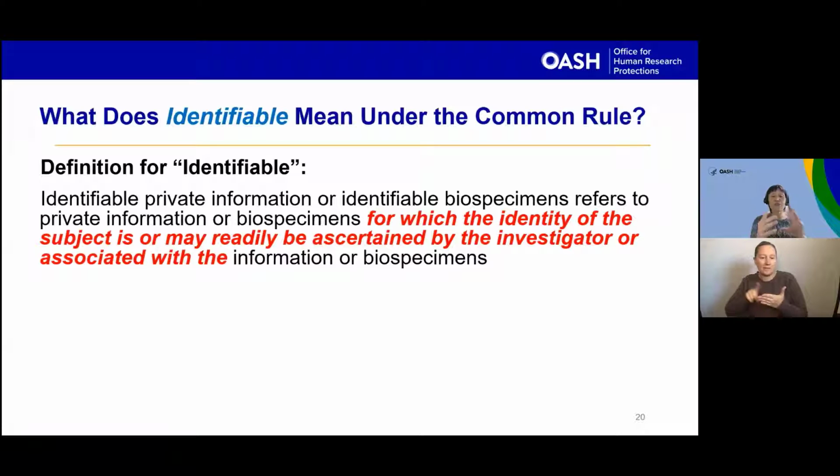To put this in layperson's terms, it simply means: can the investigators on this team readily link the materials, the private information or the biospecimens, back to a living individual? Can you readily link them back?